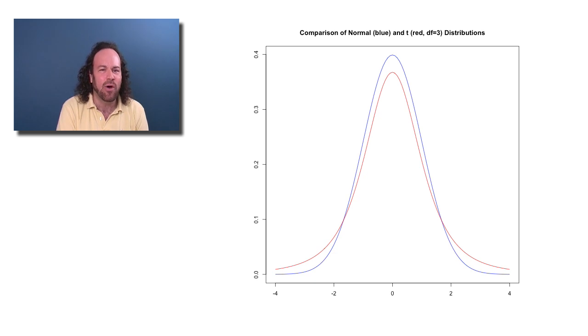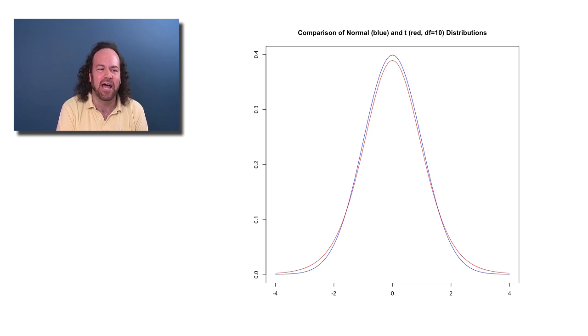But as we go up to higher degrees of freedom, it gets closer and closer to a normal. Here it is comparing a standard normal to a t-distribution with 10 degrees of freedom, and we can see already they're quite close. So the t-distribution is pretty similar to the normal distribution, especially when the degrees of freedom are large or when you have lots of samples, but it's a little bit different.